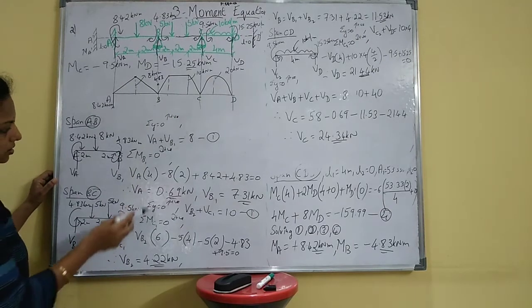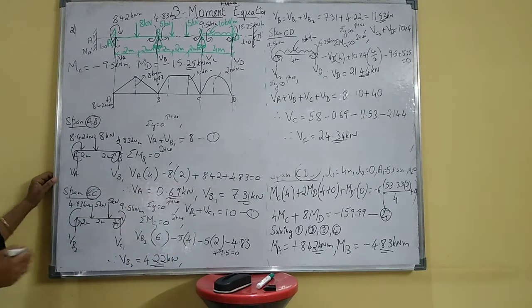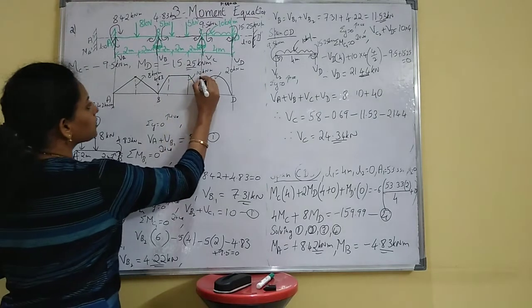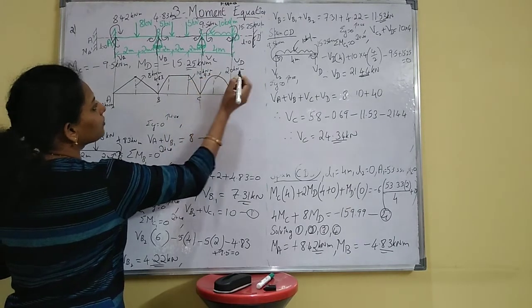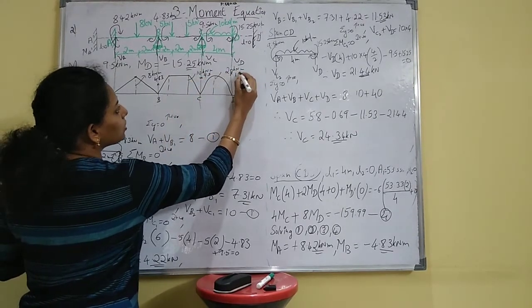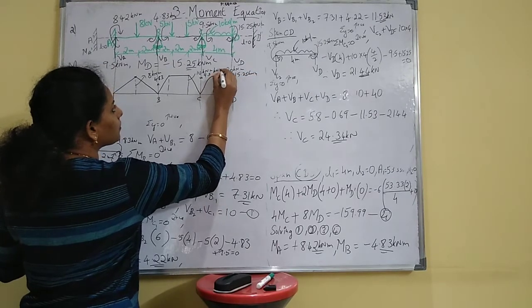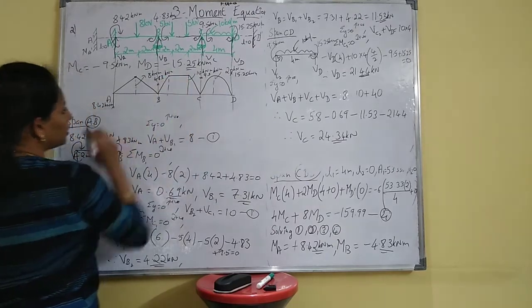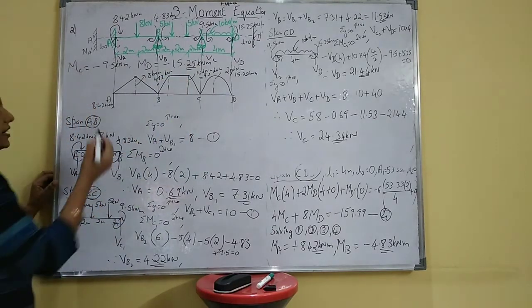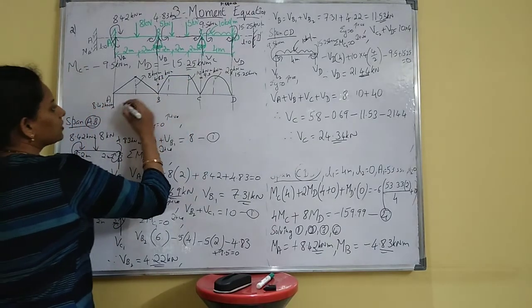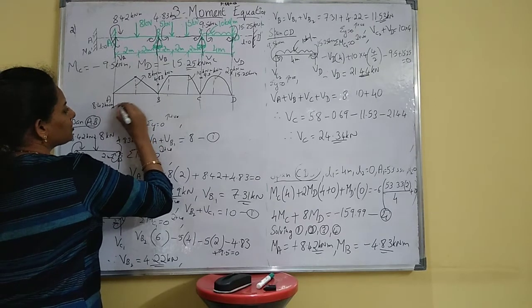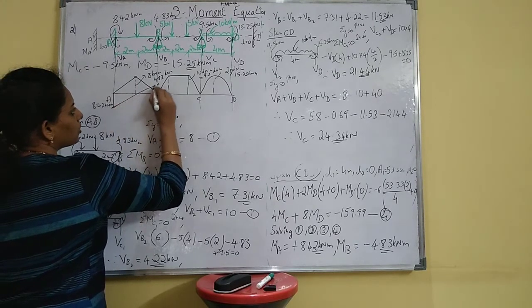Next MC is minus 9.5 and this is minus 15.25. You can calculate bending moment directly and then draw, or this is a simple way to draw just for your convenience.